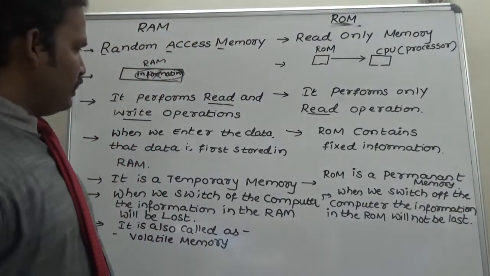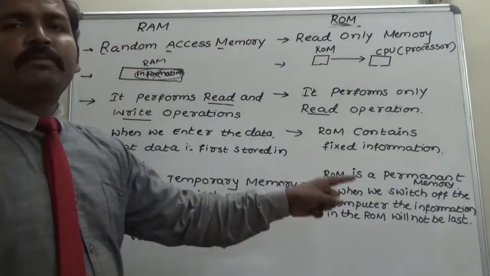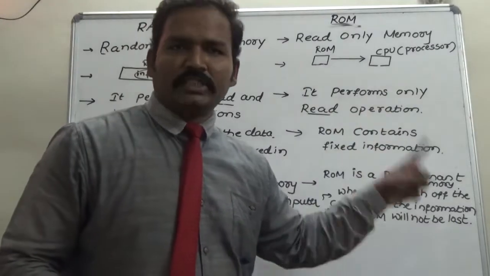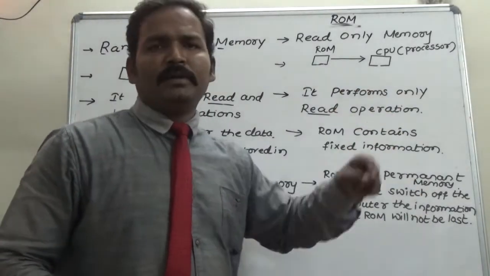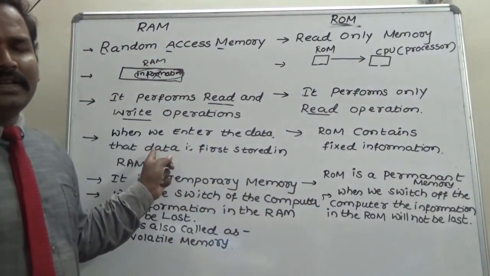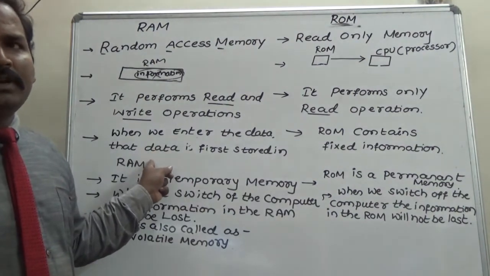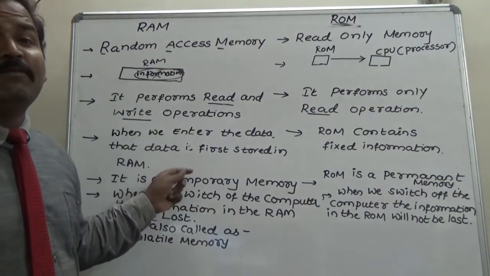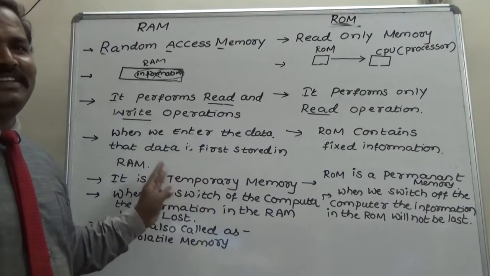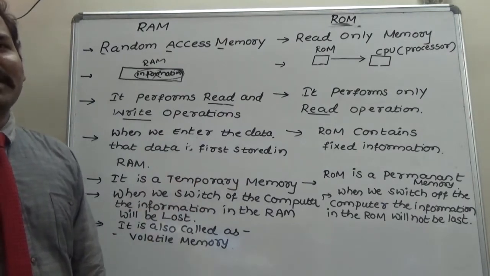Okay. So when we switch off the computer, the information in the ROM will not be lost because it is a permanent memory. In case of RAM, when we switch off the computer, the information in the RAM will be lost. It is a temporary memory.